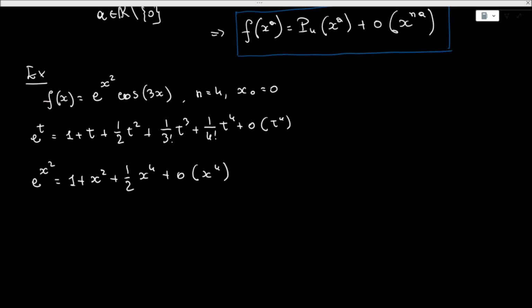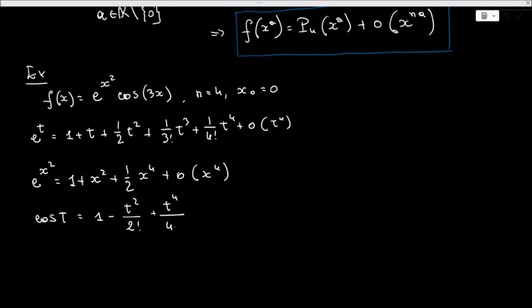Let's see what happens with the cosine. We know that the cosine of t is 1 minus t squared divided by 2 factorial plus t to the 4 divided by 4 factorial, but 4 factorial is simply 24, plus little o of t to the 4.